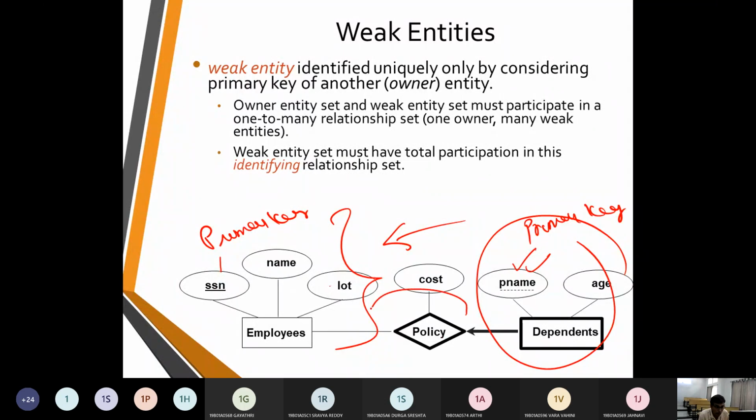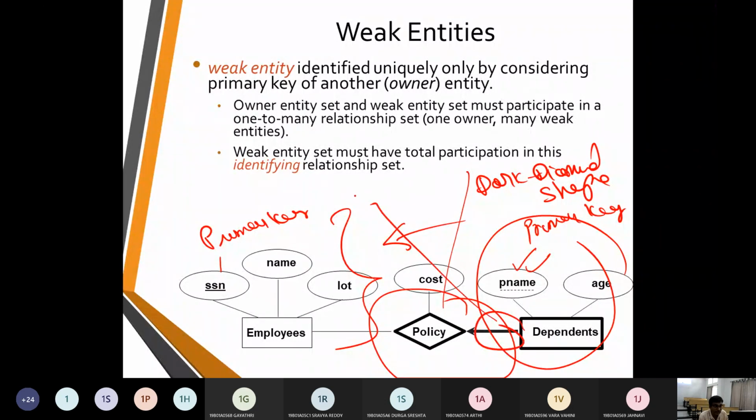Therefore, we are going to put this policy diamond box in a dark diamond shade. Similarly, the arrow mark is also going to be dark.